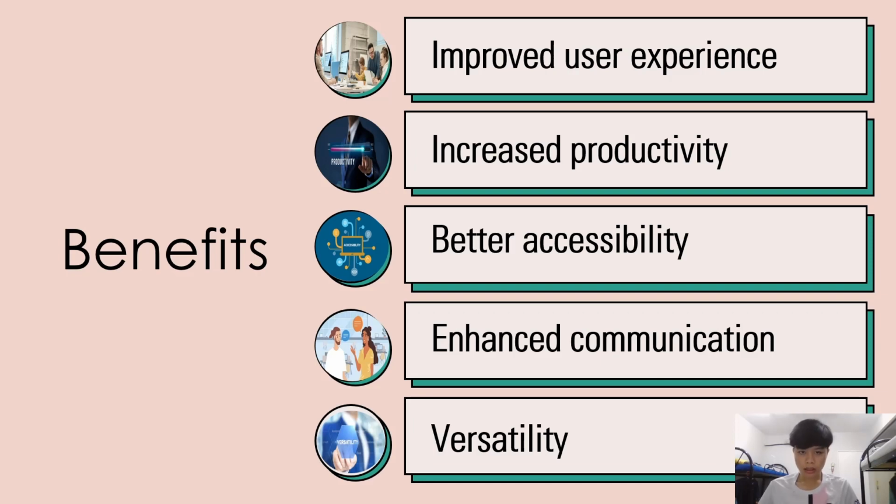Output devices such as printers and speakers allow users to communicate information and results to others quickly and easily. Last, we have versatility. Input and output devices are versatile and can be used for a wide range of applications, including gaming, graphic design, video editing, and more.